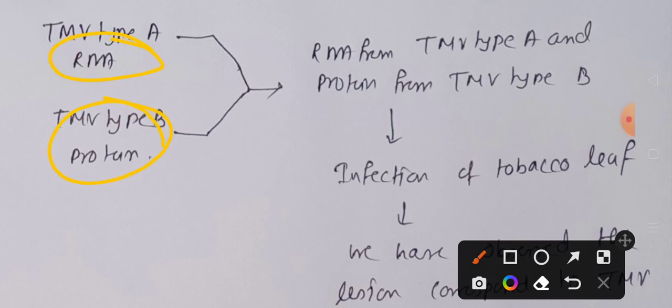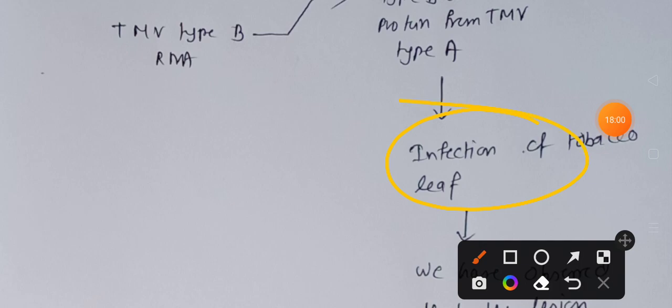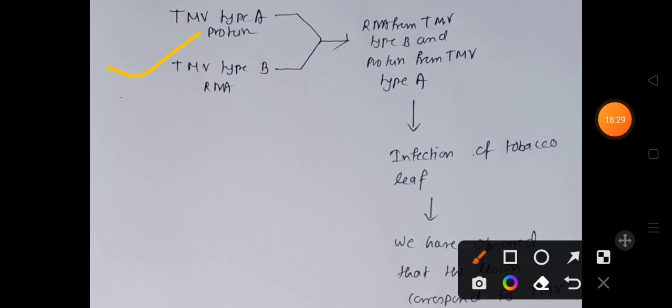They used those hybrid viruses to infect tobacco leaves. Surprisingly, they observed that the lesion type in the tobacco leaf depends upon which strain the RNA they used belongs to. For example, in this subset of the experiment, they observed that the lesion in the tobacco leaf is similar to the lesion caused by TMV type B.